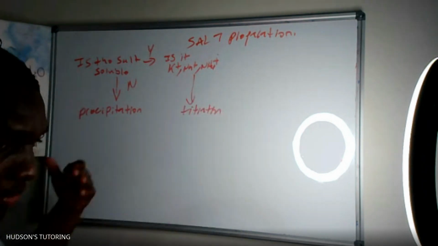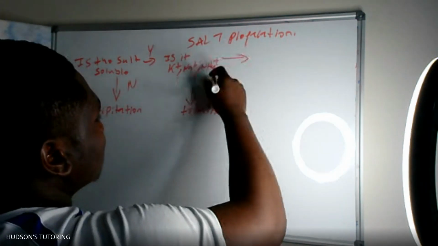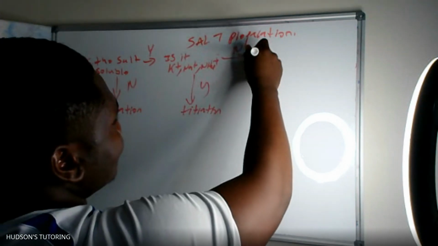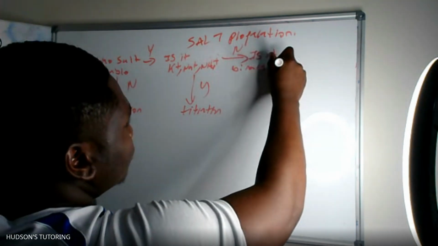That can involve acid and base, acid and metal, whatever, right? If it is not a sodium, potassium, or ammonium salt, we then ask the question, is it anhydrous or a binary salt? If it is not, titration.